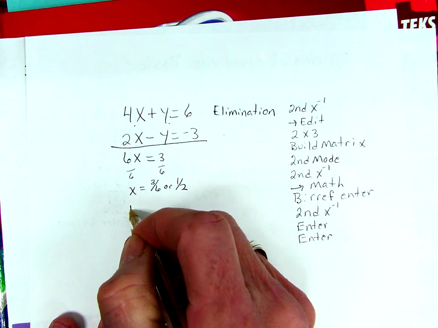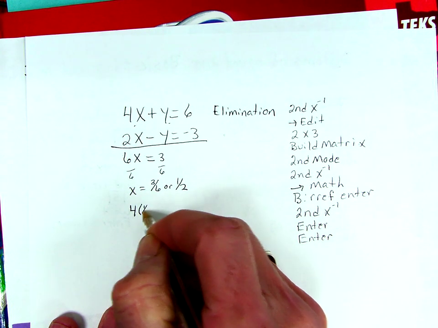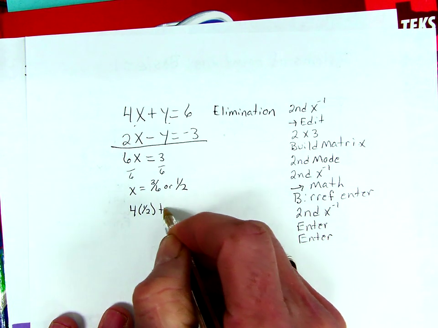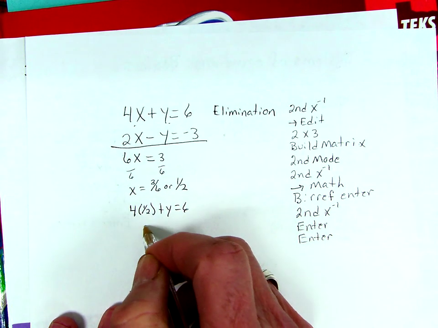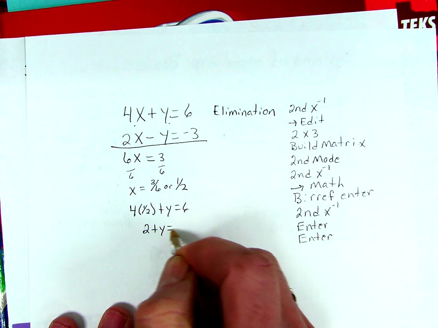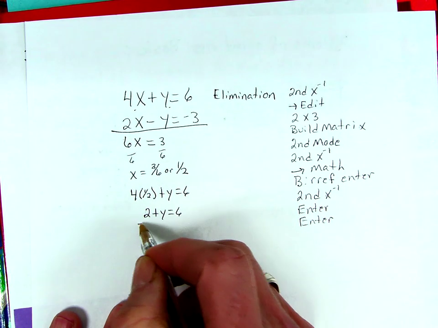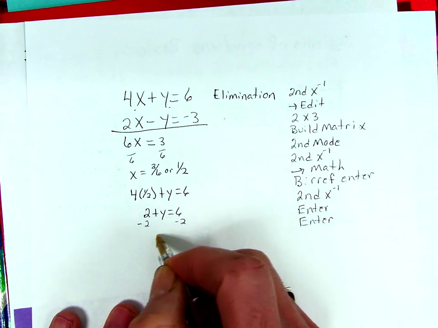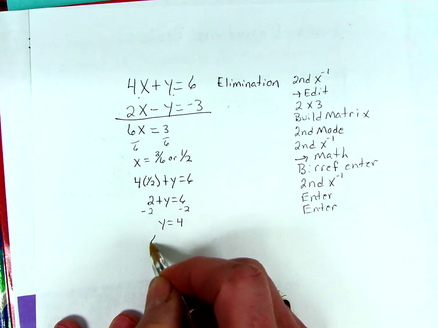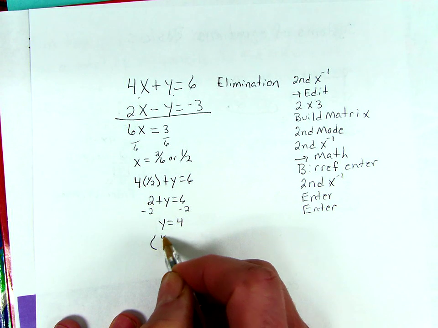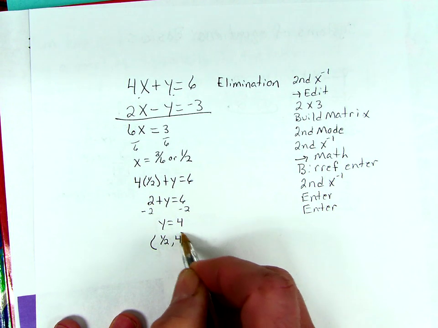So 4 times 1/2 plus y equals 6. 4 times 1/2 is 2. 2 plus y equals 6. Minus 2, minus 2, y equals 4. So the solution is x is 1/2, y is 4.